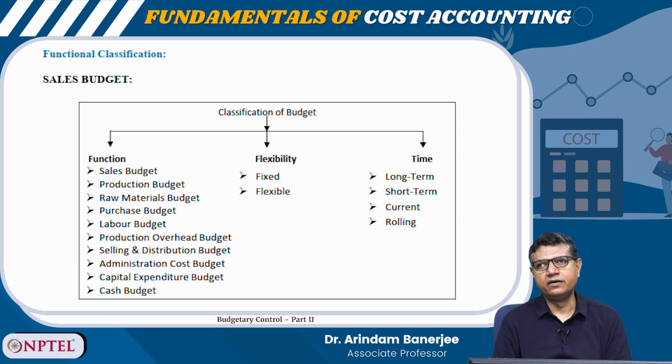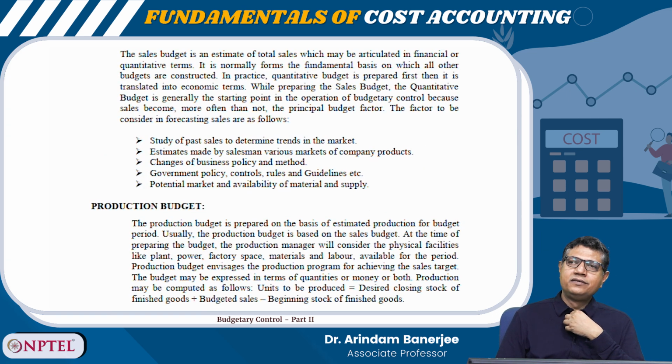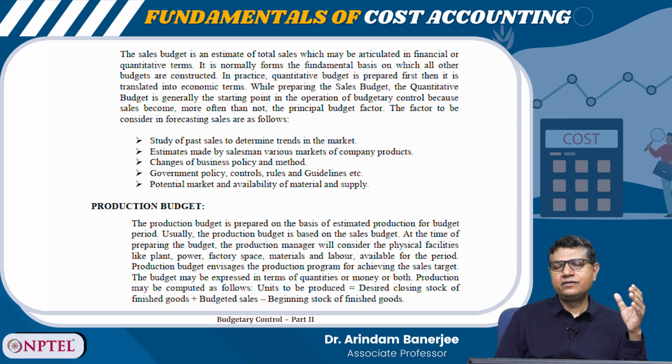So several types of budgets are possible, but this budget exercise usually starts with the sales budget, because ultimately the goal of the company is to produce and sell, and the sales team has a sense of what the forthcoming demand from the market would be.